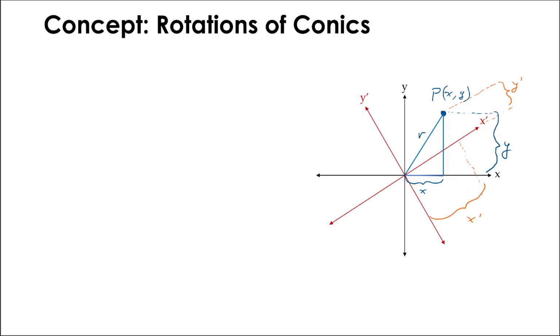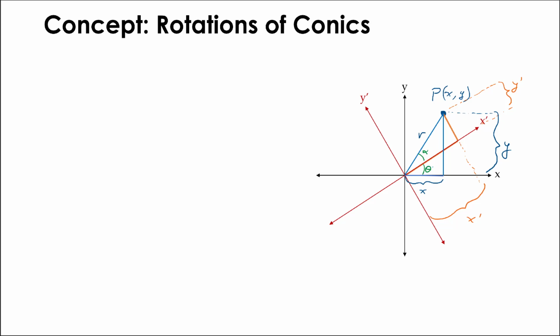If I extend this, this is going to be my x prime, and from this x prime axis up, that's going to be the distance y prime. We can look at this again as two legs of a triangle, where now instead of the triangle being x, y, and r, it's x prime, y prime, and r.